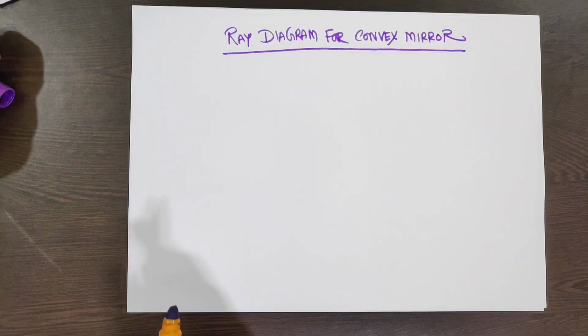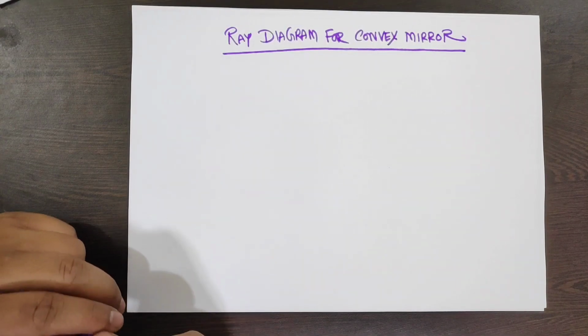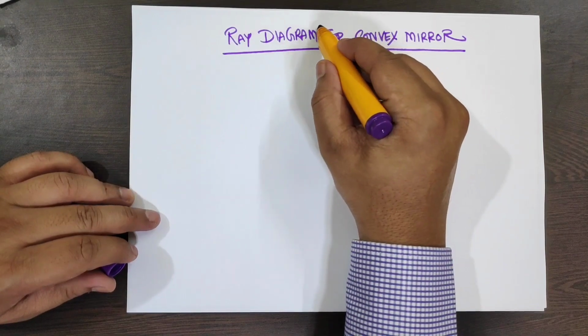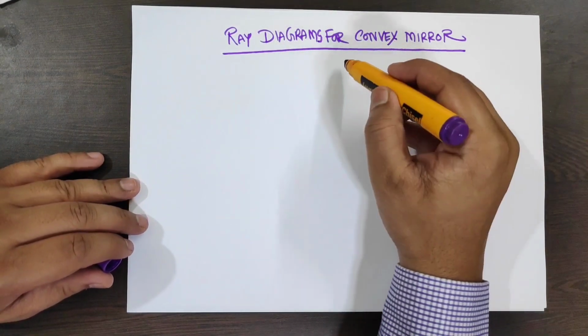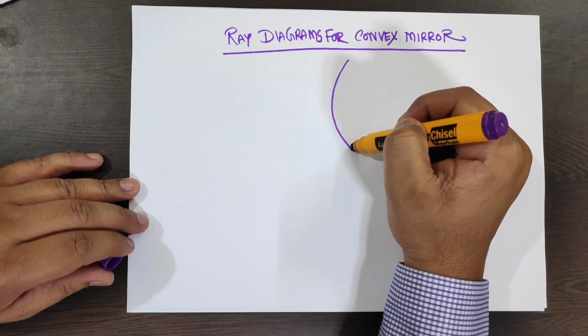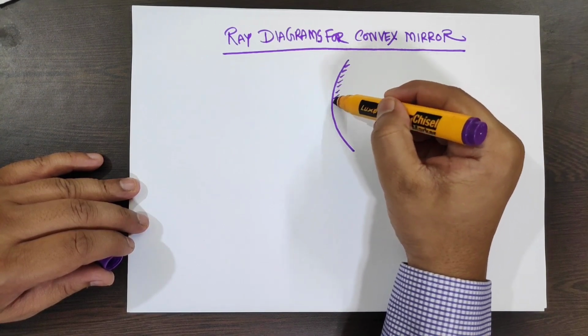Let us discuss the ray diagrams. This is a ray diagram for a convex mirror. Here we go, this is the convex mirror.